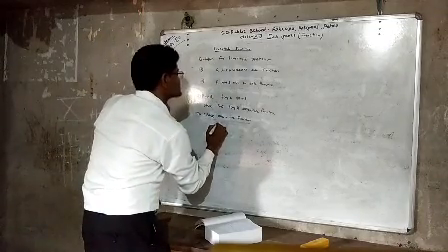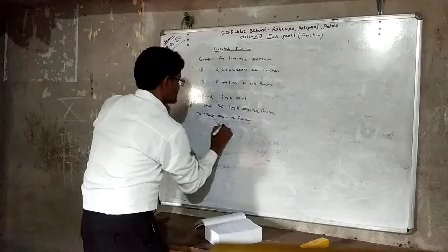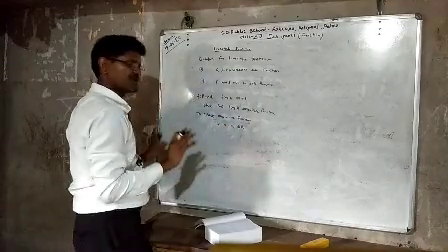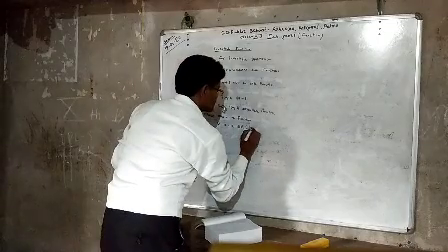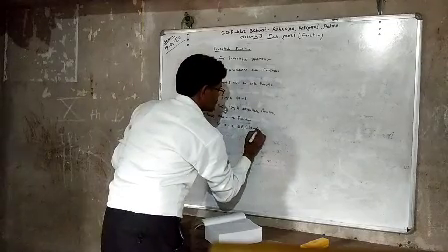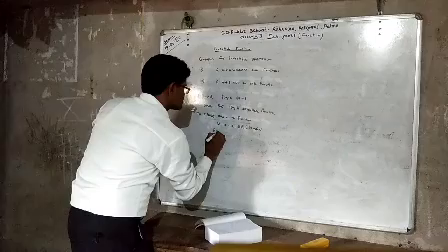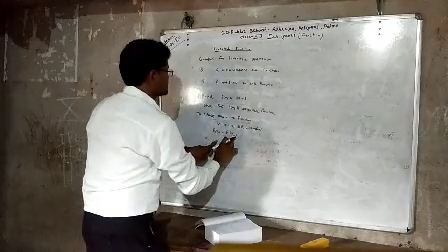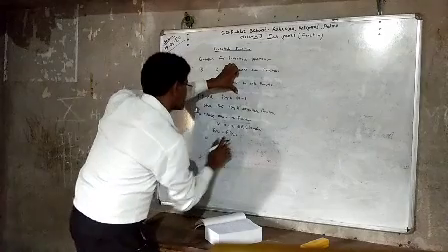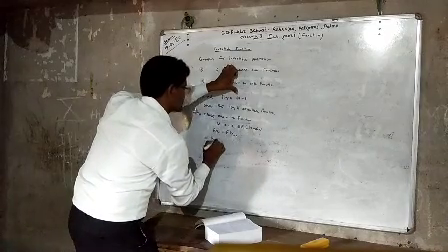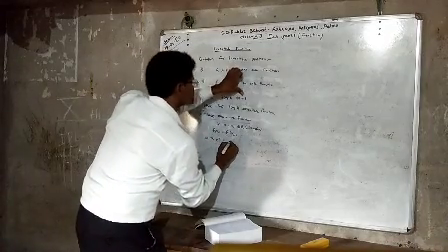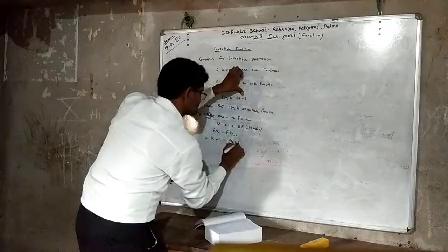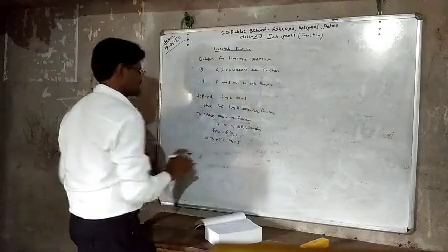Let x1 and x2 be elements of the domain, the real numbers, and f(x1) = f(x2). Then f(x1) = 4x1 + 3 and f(x2) = 4x2 + 3. The 3 and 3 can be cancelled.